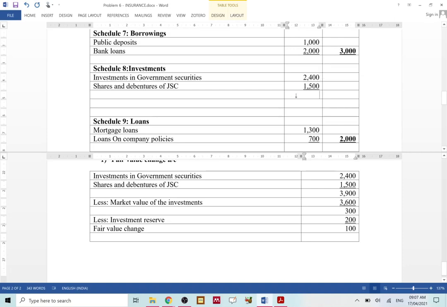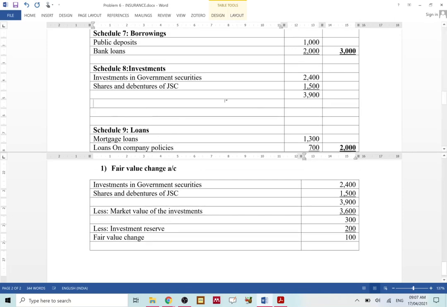Get the total, 3900, and from this total you deduct the change in the fair value. You just have to show it here because the total value of the investments has now changed, isn't it? So you have to show that difference. Less change in value, which is 300.